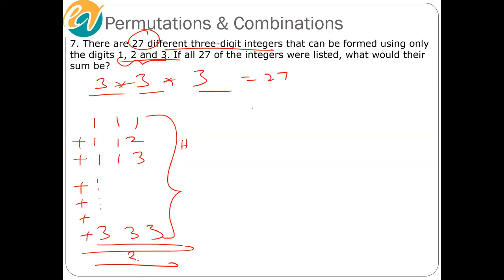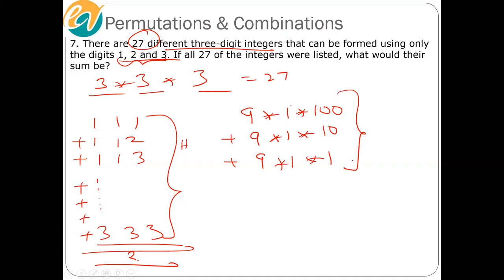Well, 9 times 1 appears in the hundreds position, 9 times 1 appears in the tens position, 9 times 1 appears in the units position. So this is the total contribution of 1 to these 27 integers.